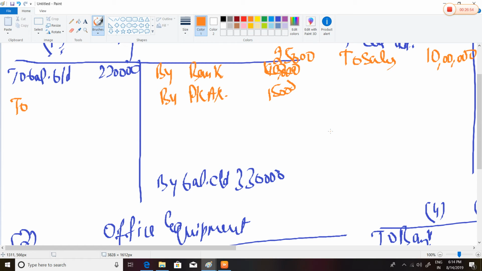That means there is a purchase, even after depreciation. So here, to purchases 1,50,000. Yeah, it will go to bank. I hope till here you got it.